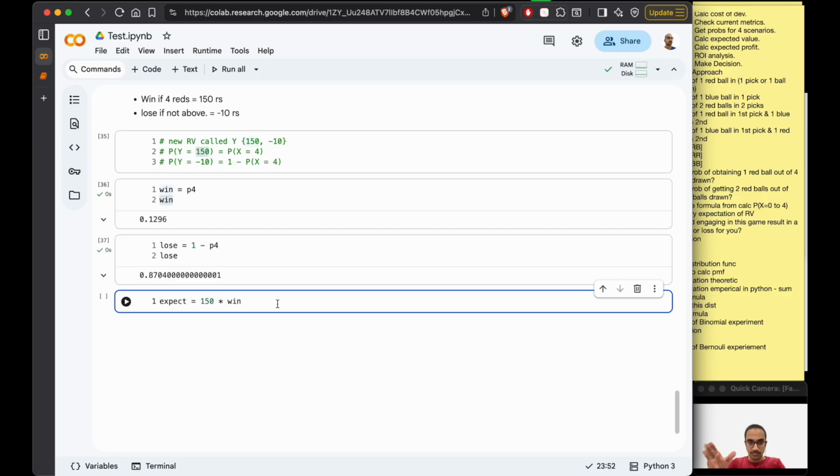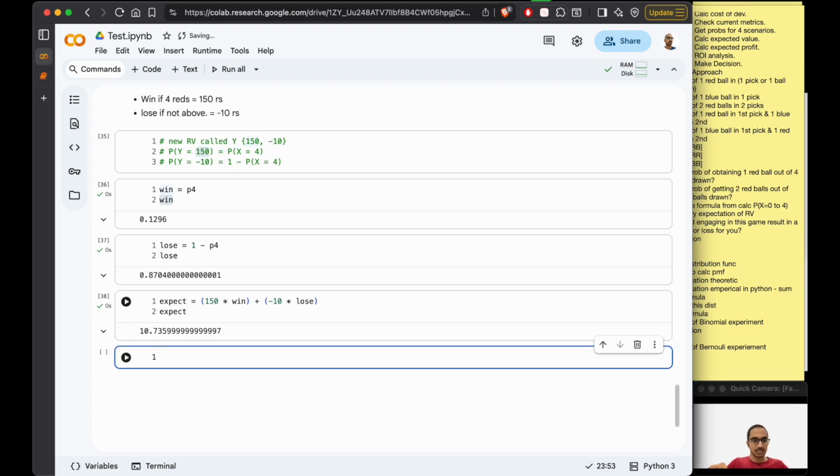What are we doing? Weighted average times the probabilities, summation. So I will add this with the losing weight times the losing probability.